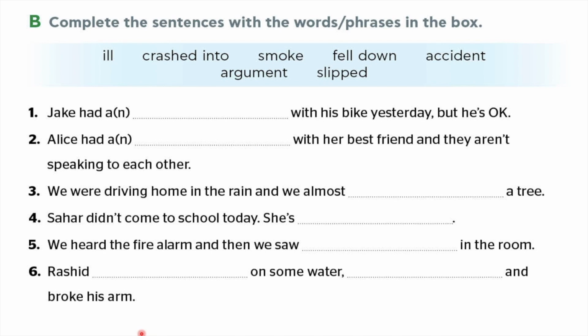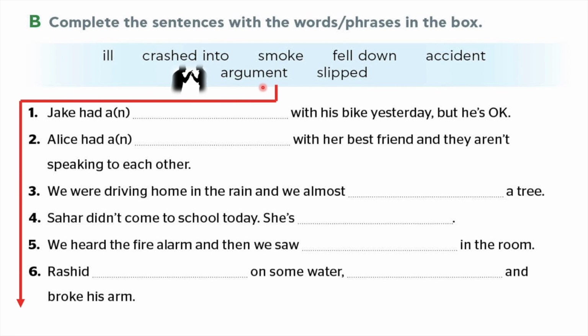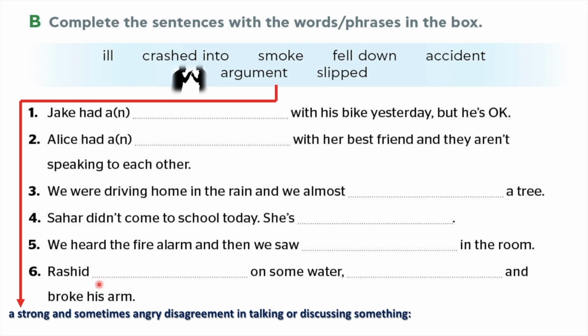First, let us identify the meaning of this word, argument, which is a strong and sometimes angry disagreement in talking or discussing something. For example, I had an argument with my boss. Is that clear? Okay.